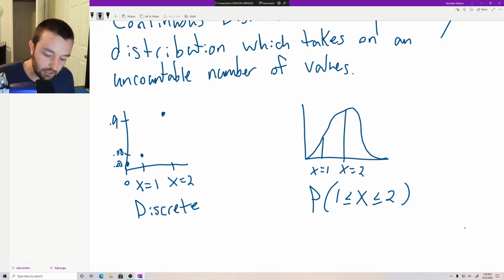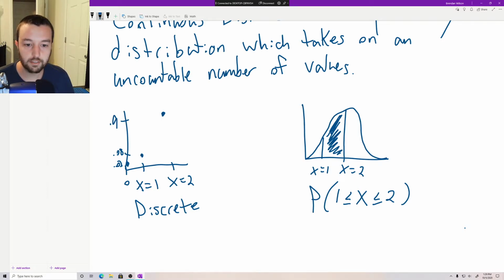The way we would do this is we would find the area of this region. But how do we find the area when there's a curve here, right? We could find the area if it was like a rectangle, but here there's a curve. It's not a straight line. And therein lies the problem with why we can't really talk about these too much.